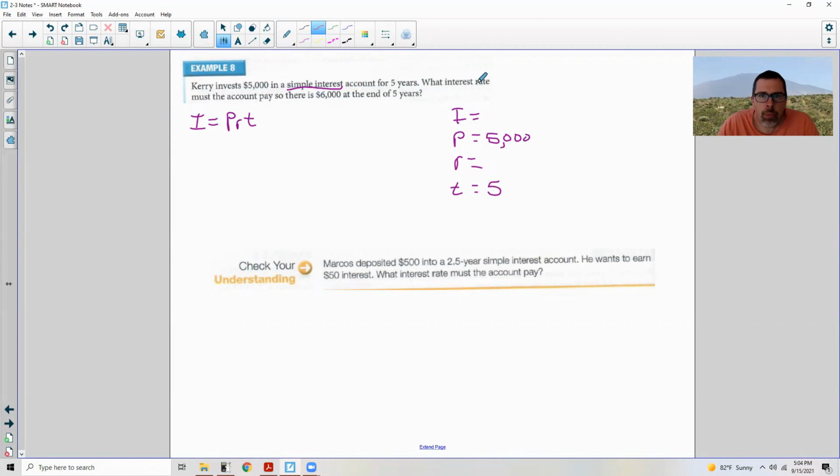What interest rate must the account pay so there is $6,000 at the end of 5 years? I need $1,000 in interest, so there'd be $1,000 interest added to the $5,000 principal to get us to 6,000. Make sense? So the principal plus interest has to equal what our goal is.